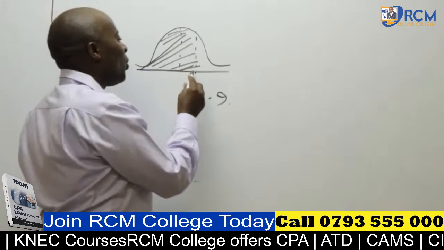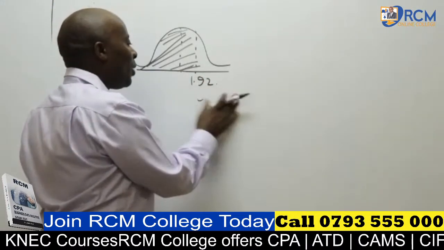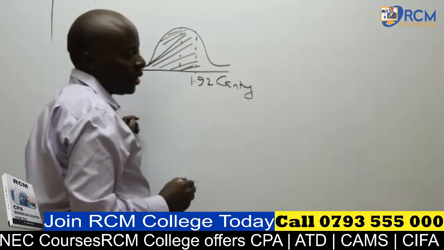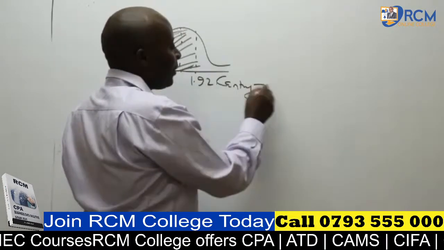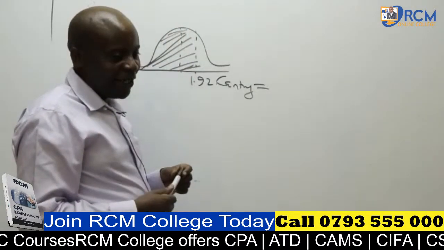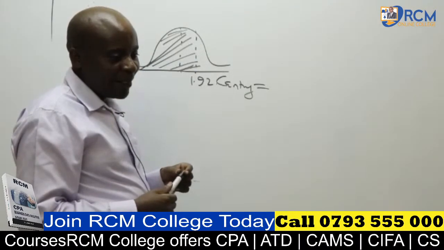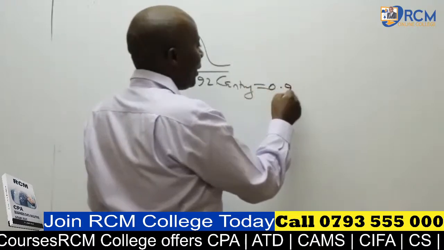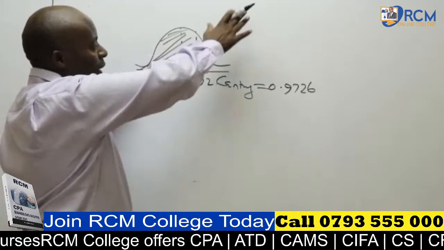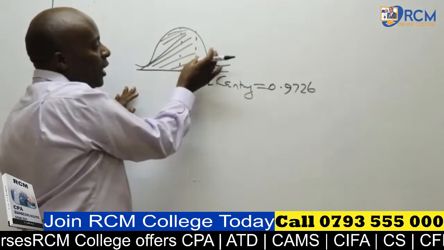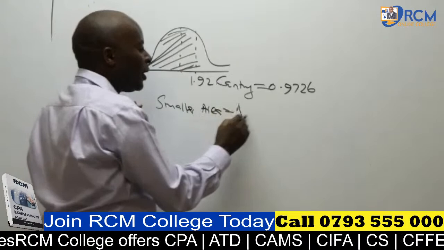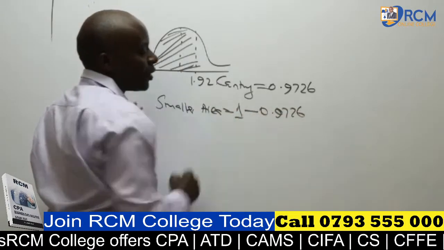You see, ours there was 1.92, isn't it? So you go straight away and read the entry. What does the entry say for 1.92? In this cumulative table the entry comes to 0.9726. Now, because this one is cumulative and you want the small area, which in our case was shaded, the smaller area will be obtained by taking 1 minus 0.9726.